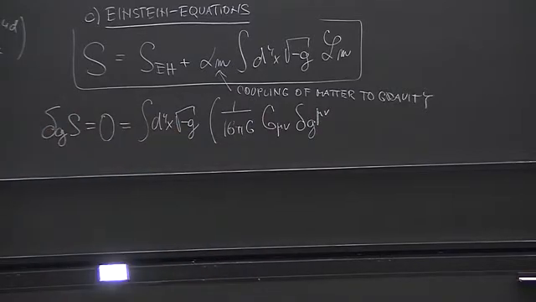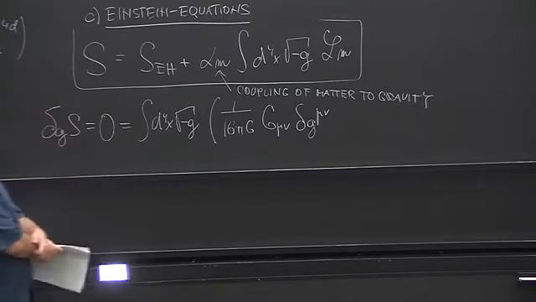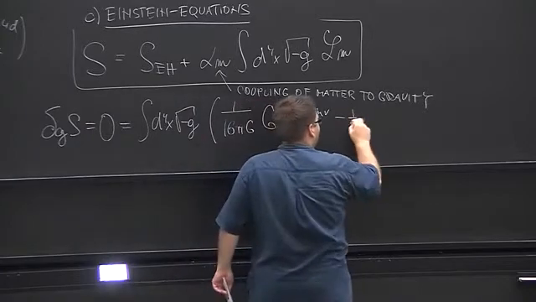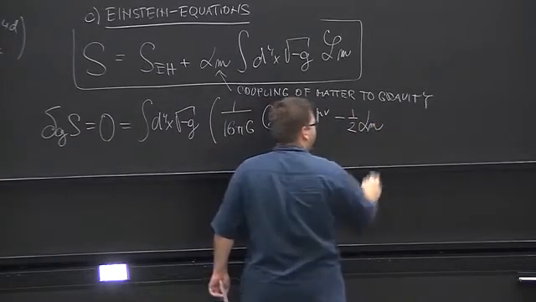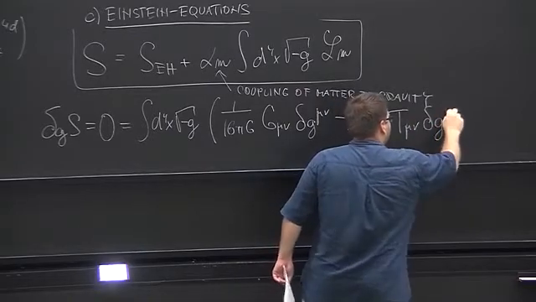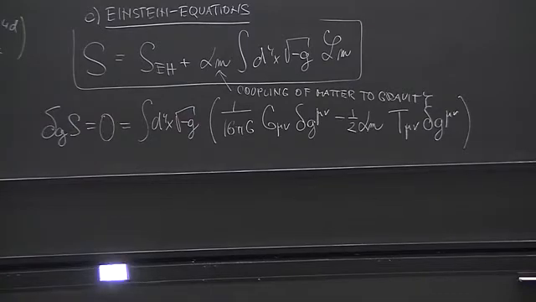So that's what we derived yesterday. And then you have to vary the matter action with respect to the metric, but it's precisely how we defined the energy momentum tensor. So this is that. So it's minus 1/2 alpha m T mu nu delta g mu nu.